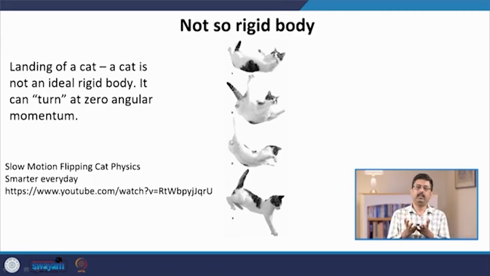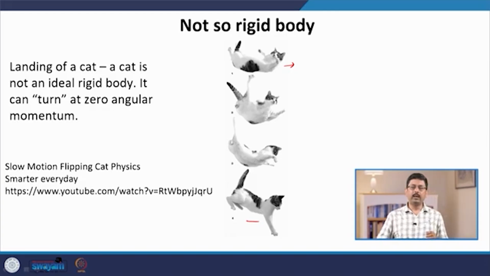You can go to YouTube and find several videos showing an experiment where you take a cat, hold it upside down in this particular position and then release it from some height. It almost always lands on its feet. So, it turns in the air and lands on its feet.